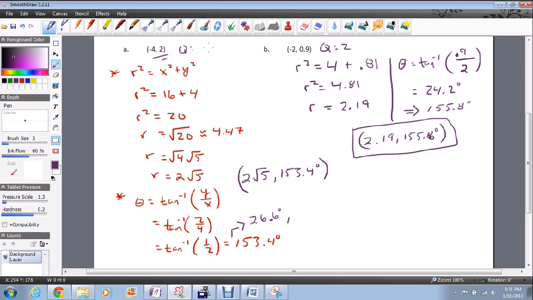So just like I got done explaining in part B, we need to take the angle that we get, 26.6 degrees in this situation, and subtract it from 180 to get our actual theta value. So just think about what quadrant it's in and think about if your angle makes sense or not for that quadrant.